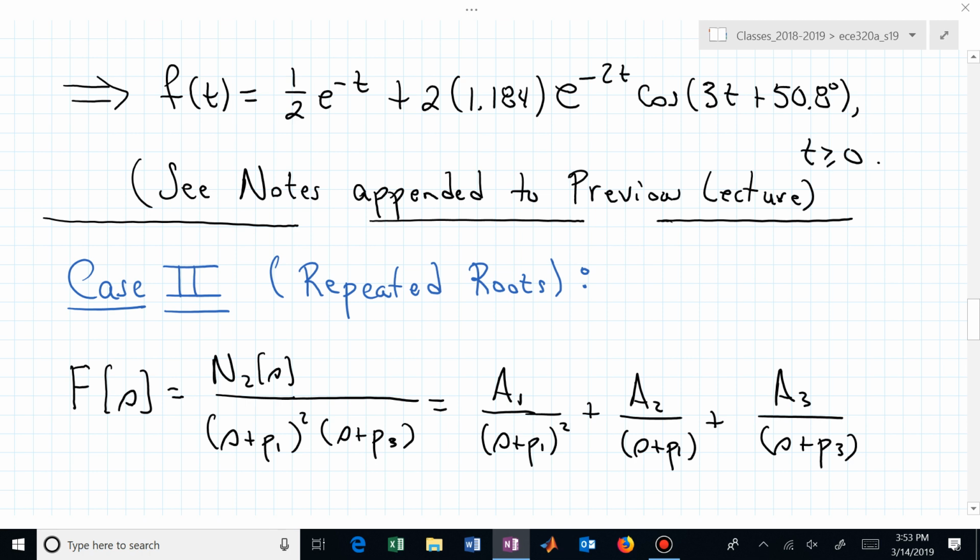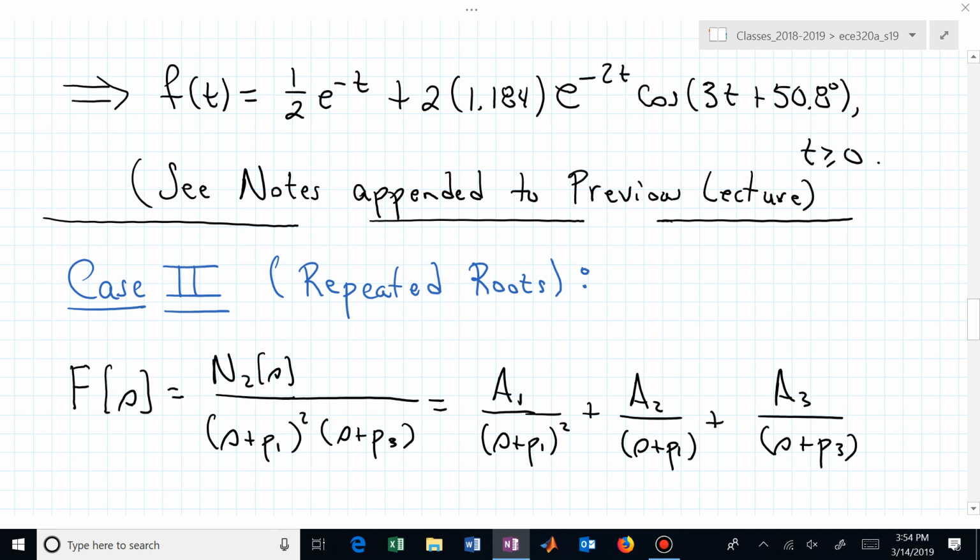That it's strictly proper. That n sub 2 of s is actually a polynomial that's second order, first order, or constant. That I've assumed. But what have I done? I now have to include not only this factor that has s plus p1 squared, but I have to keep decreasing that power until I run out of factors, or until I hit s plus p sub 1 raised to the first power. I start with the highest one.